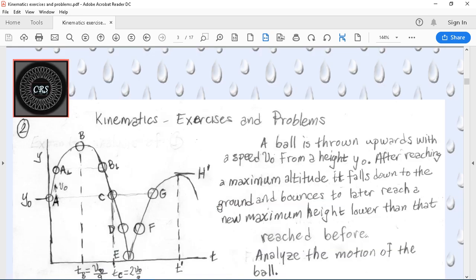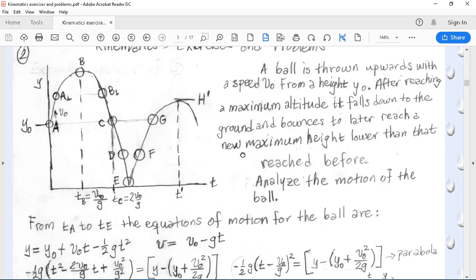So we'll go back to this problem here. We were going to analyze the part for points A1 and B1. TA1 is between TA and TB. YA1 is between Y0 and H. TB1 is between TB and TC.